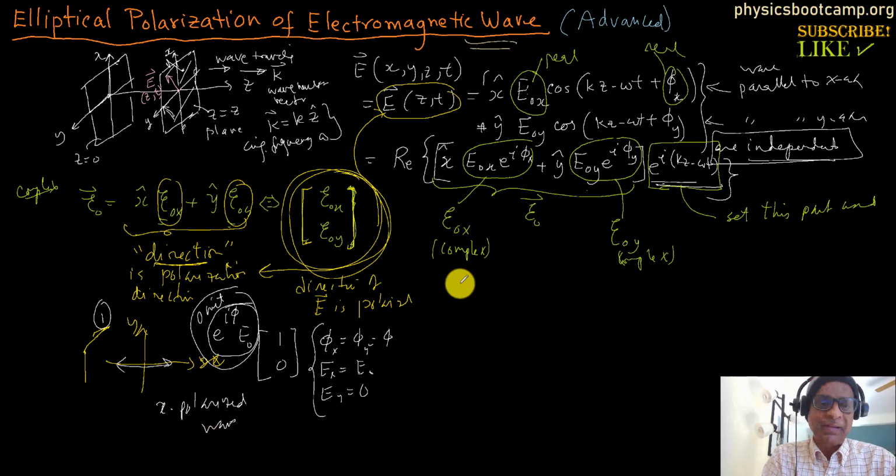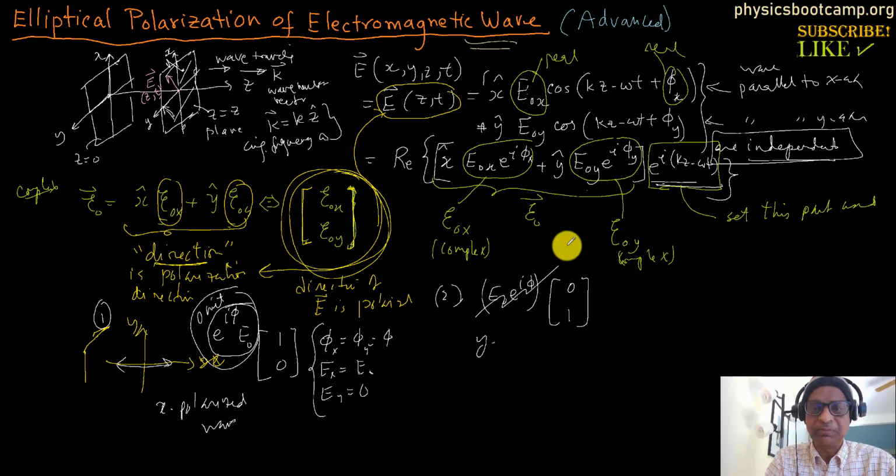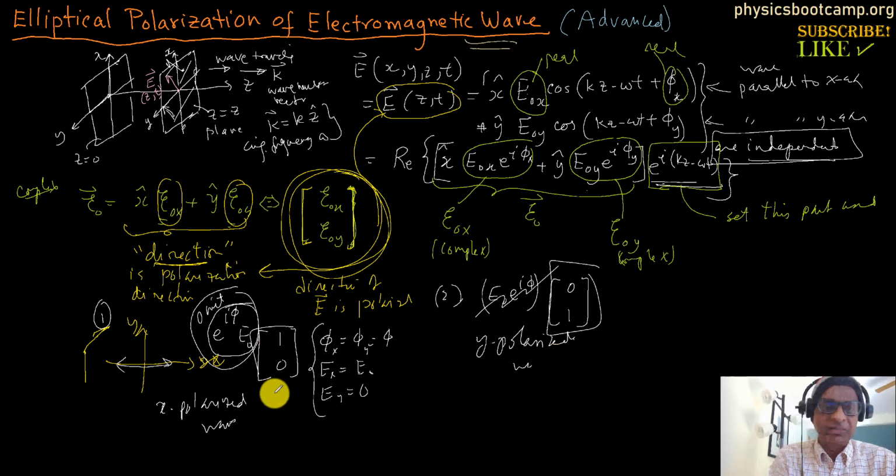Okay, and similarly, the y polarized wave would be E0 e to the i phi, and then 0 and 1. This will be the y polarized wave. And you can see that this is a unit vector, this is a unit vector.